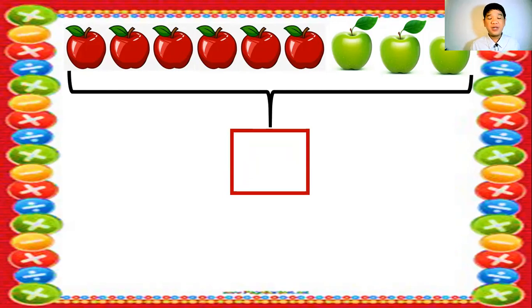Let's count: 1, 2, 3, 4, 5, 6, 7, 8, 9. So we have 9 apples altogether. So we have to write here the number 9.